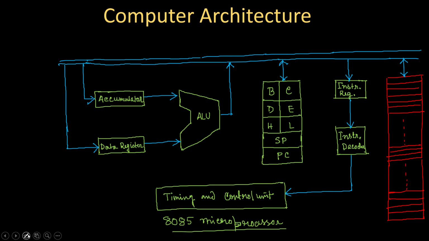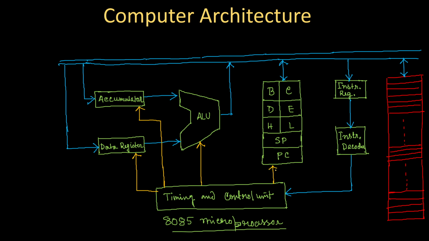Now if I consider the control line or control signal, let's draw the control signal first. What is a control signal? It controls each and every component in the system. Now who is controlling this? Obviously the timing and control unit. So all the control signals are generated from this particular component, and it is directly connected with each and every component individually. So the control signal will be directly connected with this, obviously connected with this, and in a similar way it will be connected with this, and obviously connected something like this.